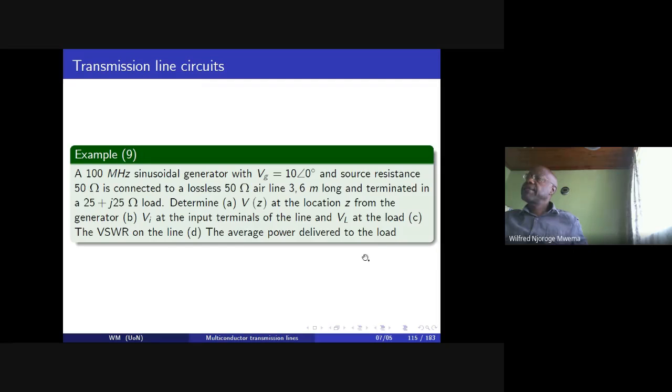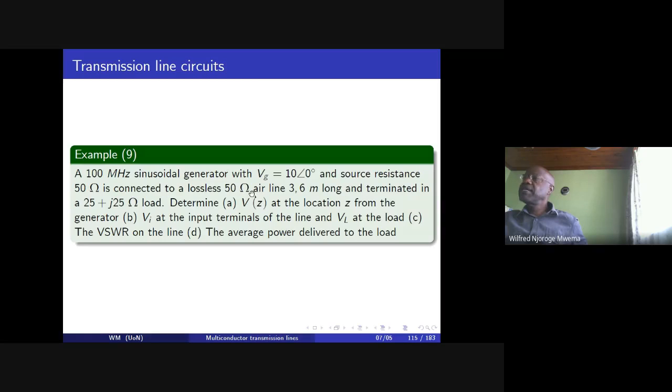What we can see, the information we have here is of course the value of the operating frequency and therefore the operating wavelength, and also we can get the propagation constant. We know the open circuit voltage of the generator, and we know that the line has a source impedance of 50, and our line is also 50 ohm.